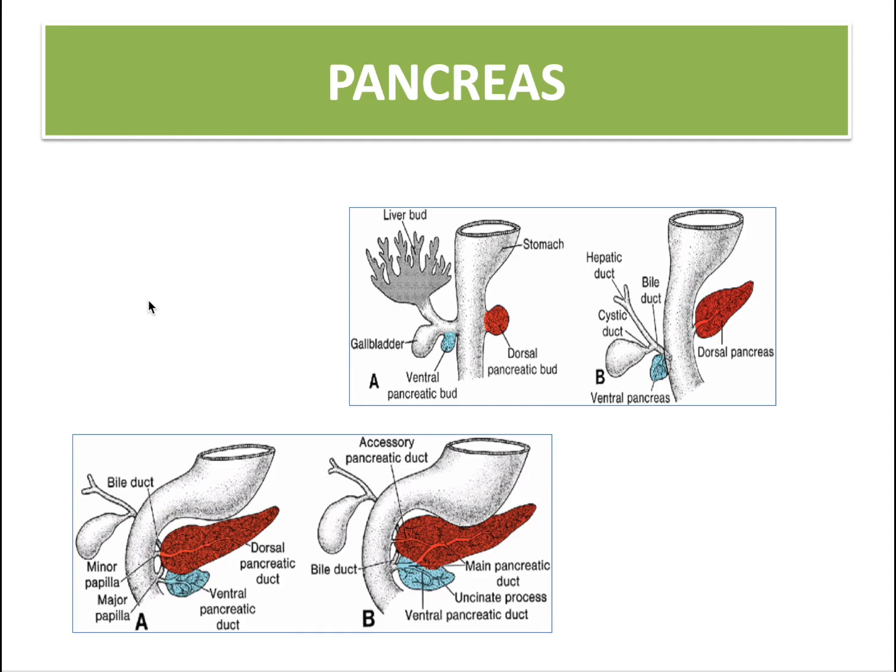The pancreas is formed by 2 buds, the dorsal pancreatic bud and the ventral pancreatic bud. The dorsal pancreatic bud is situated in the dorsal mesentery, whereas the ventral pancreatic bud is close to the bile duct. When the duodenum rotates to the right and becomes a C-shaped structure, the ventral pancreatic bud moves dorsally, mimicking the shifting of the entrance of the bile duct.